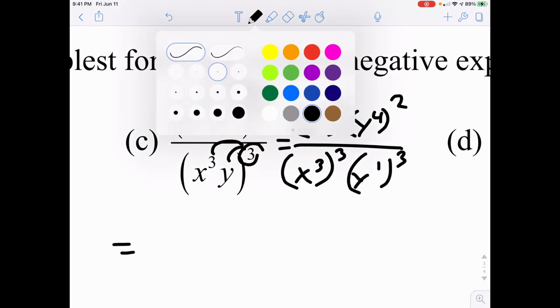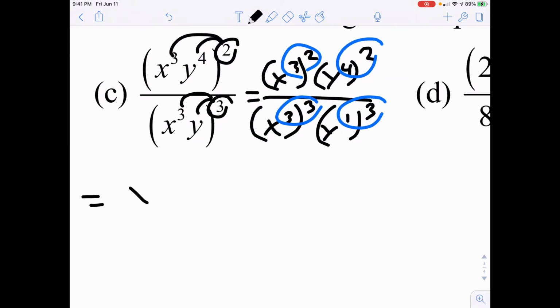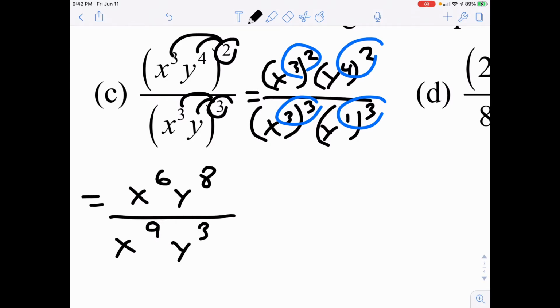And we are literally going to be multiplying each of these as we're raising a power to a power in each case. The first one is going to be x to the 6th times y to the 8th all over x to the 9th times y to the 3rd.